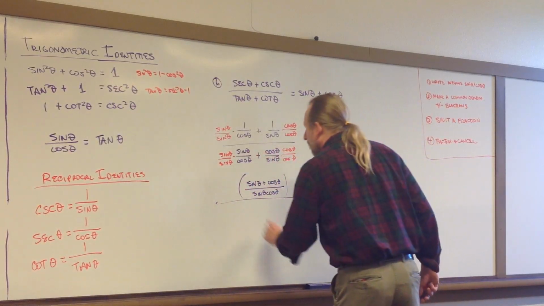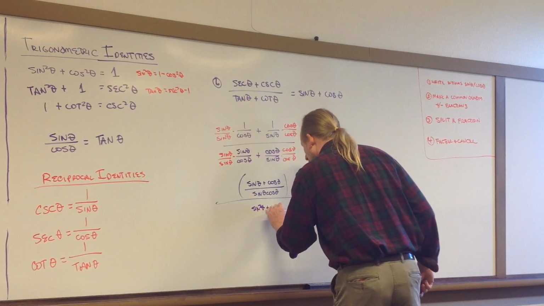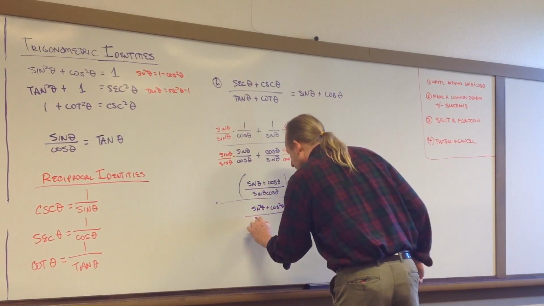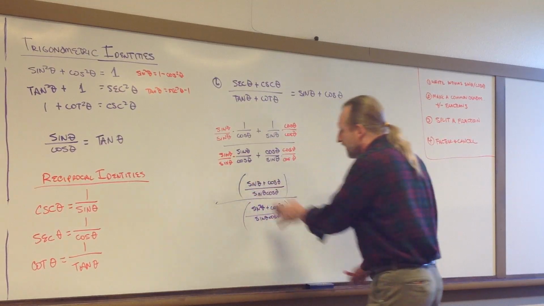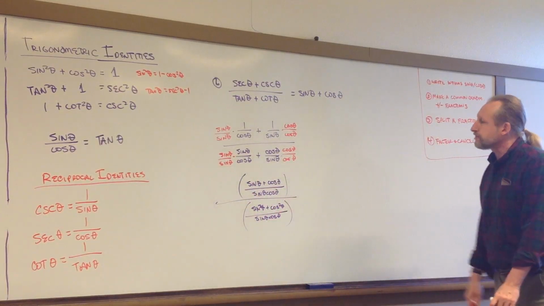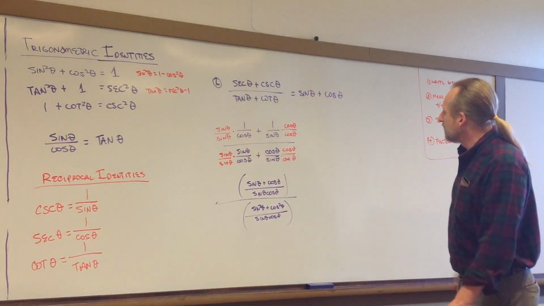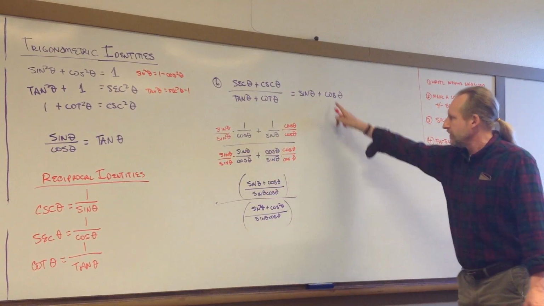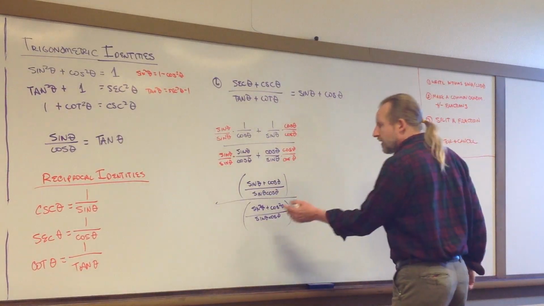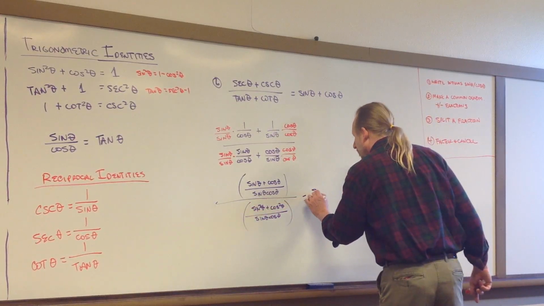On the bottom, we're going to have sine squared plus cosine squared on the top, and then sine theta cosine theta on the bottom. And again, there's no canceling to do there. Okay, now we're headed for this. I'm going to use up this space to finish this off. So we're going to multiply by the reciprocal of the denominator.